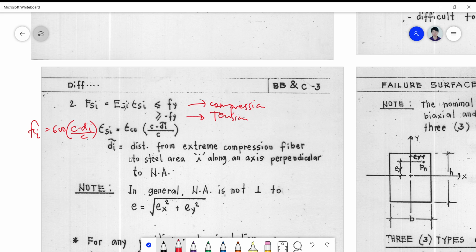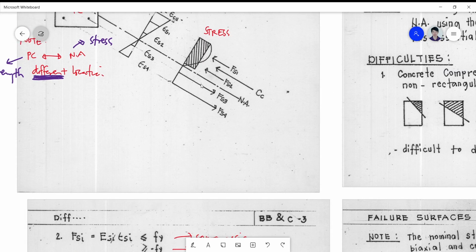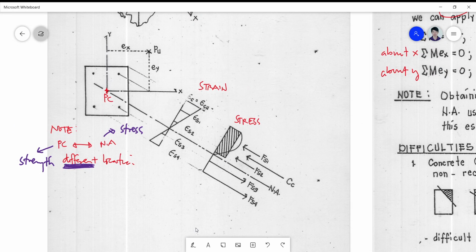So if you do programming, this is very important. So take note that di is the distance from the extreme compression fiber to the steel area i along an axis perpendicular to NA. So note that in general, your neutral axis is not perpendicular to the resultant eccentricity e, which is defined here in the figure in terms of this line.